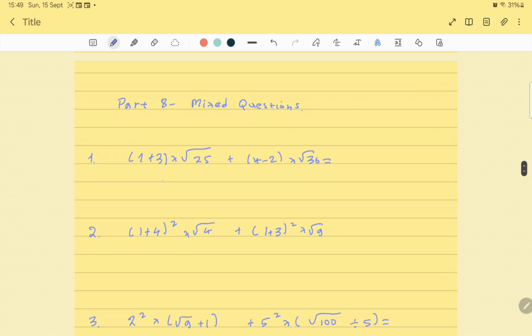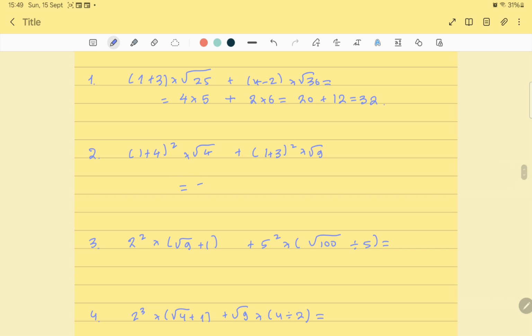Part 8 is mixed questions. So first we work the brackets and the square roots. And then we do the multiplication and then the addition. So this should be 4 times square root of 25 is 5, plus 2 times 6. So this is 20 plus 12 equals 32.